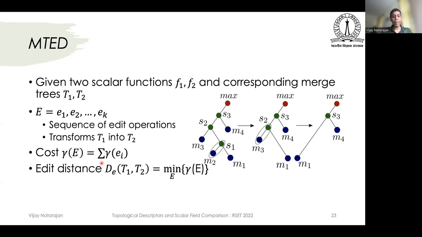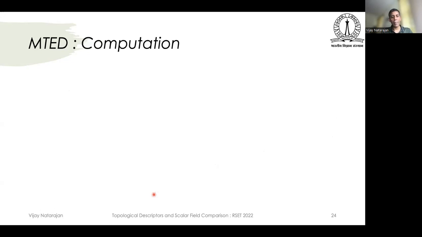The distance MTED between T1 and T2 is essentially given by the minimum of this gamma over all sequences of edit operations. And if your individual edits, gamma of EI, satisfy metric properties, then one can show that the resulting measure also satisfies metric properties. Right? Okay, so that is essentially the definition of MTED.